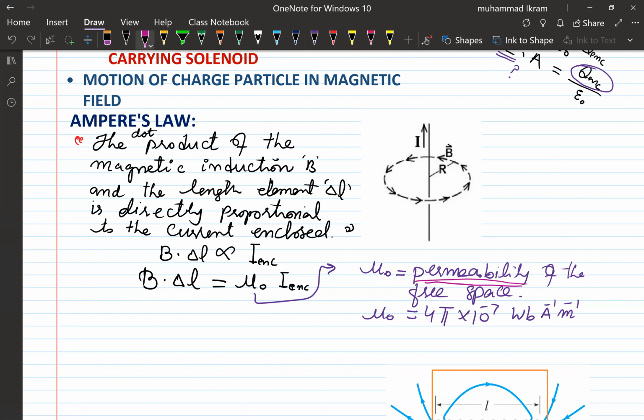For calculating the magnetic induction B around the current carrying conductor I, which is shown here. Now I just want to take your attention towards a very important point in your book. See here what they did.